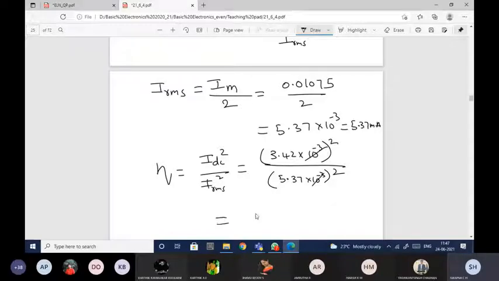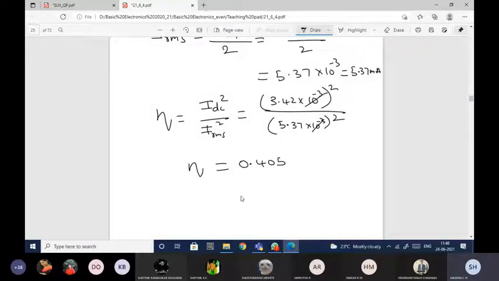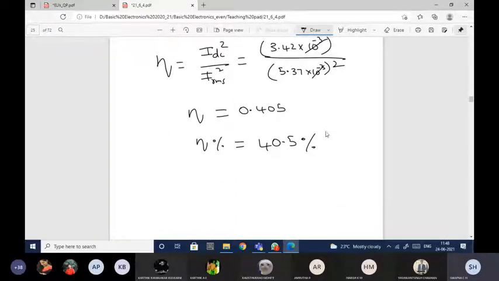So I'll be left with 3.42 whole square divided by 5.37 whole square. What is the answer? 0.405. So in percentage, the efficiency eta will be 40.5%.